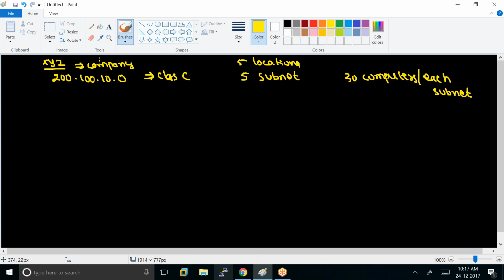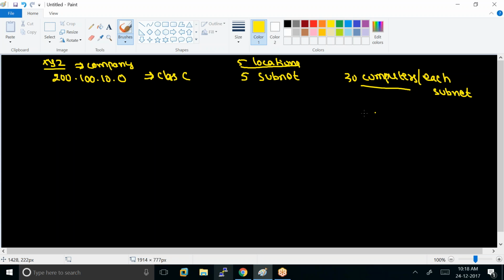The company XYZ has been given a class C IP address. They want to establish branches across 5 locations, and therefore we need to have 5 subnets. Under each subnet, a maximum of 30 computers needs to be allocated.